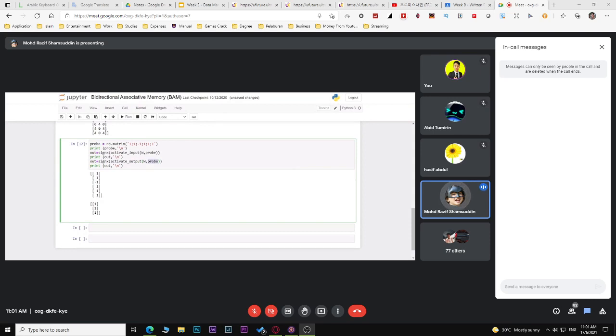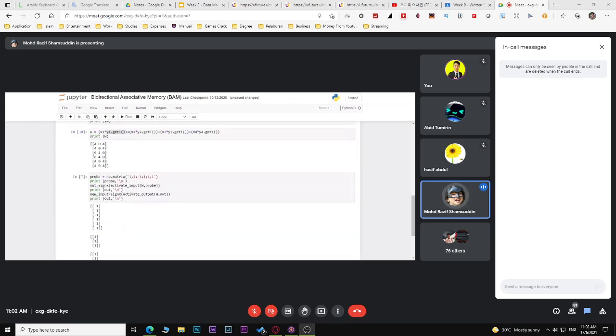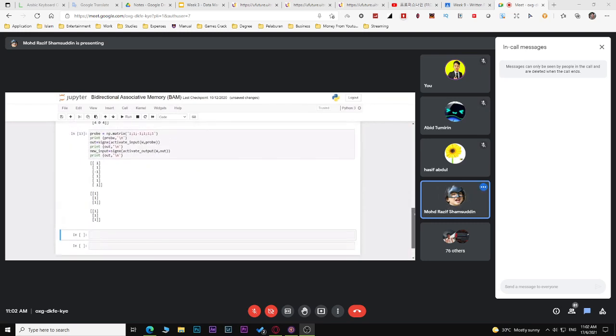So probe ni dah tak ada probe lah. Probe ni adalah output. Output yang lama, yang ini dia akan refer kepada ini. Yang ini adalah hasil yang baru. So dia jadi input. Right, so nampak tak dia jadi activate output, activate input, activate output.